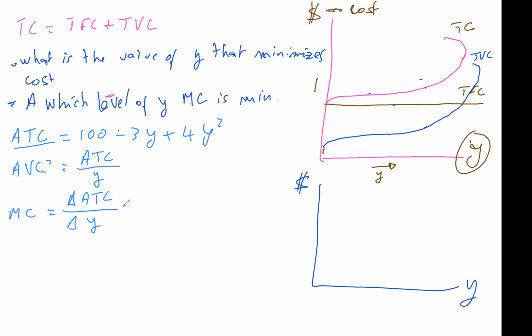That change is the same as the derivative of average total cost divided by the derivative of y. We know how to do that, we take the derivative. So the derivative of this is going to be minus 3 plus 8y.